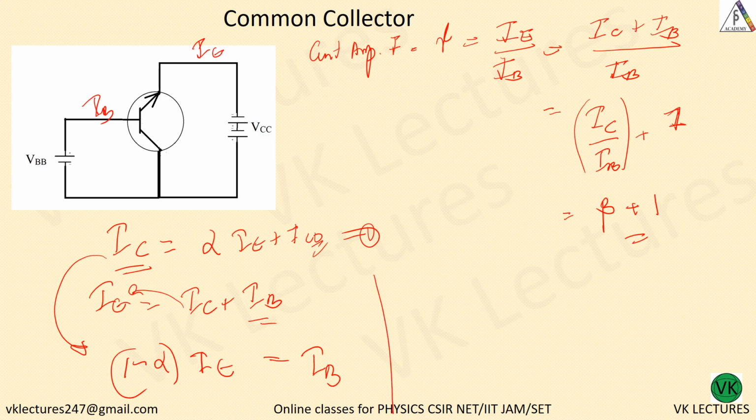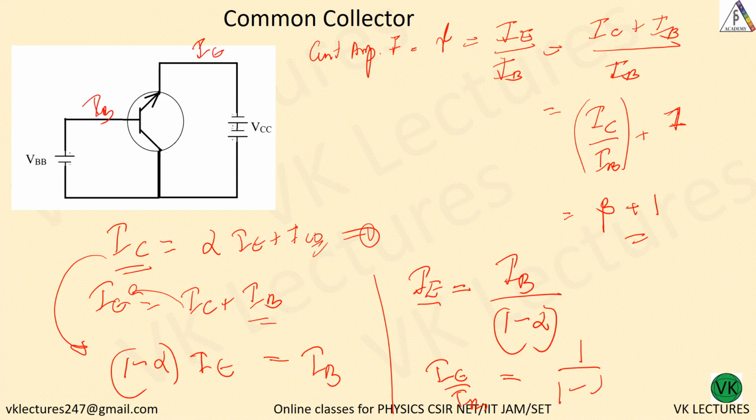Now then we can write IE is equal to IB divided by 1 minus alpha. Now what is IE by IB? IE by IB is equal to 1 divided by 1 minus alpha.